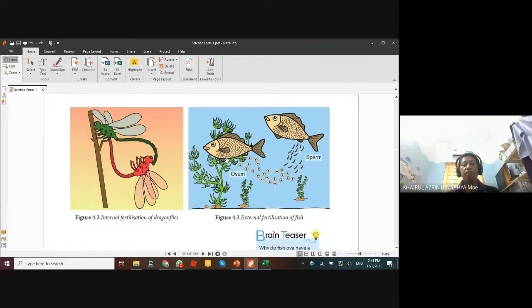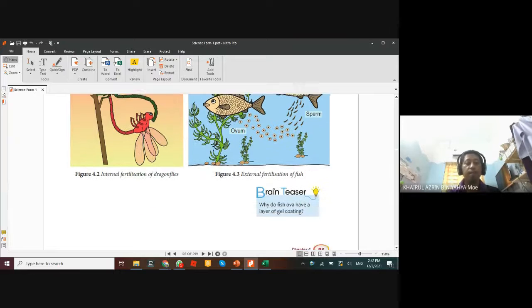Female fish produce ovum here, and male produce sperm. So this sperm will swim towards ovum. External, di luar badan. This one inside the body, masuk dalam badan. Okay. So that is the difference.